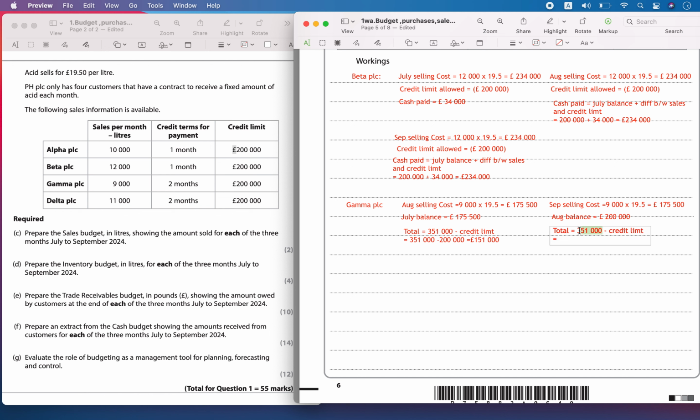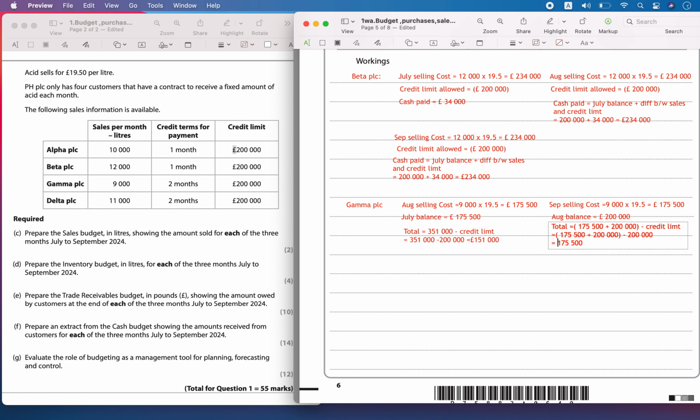175,500 plus 200,000 that needs to be paid, so minus the credit limit, which is equal to 200,000, so it is equal to 175,500.